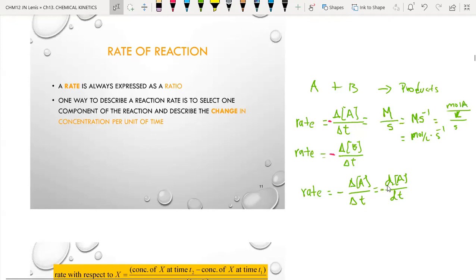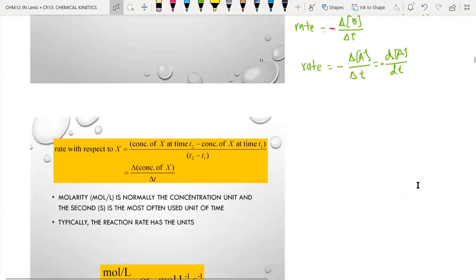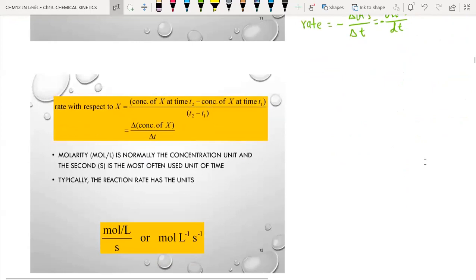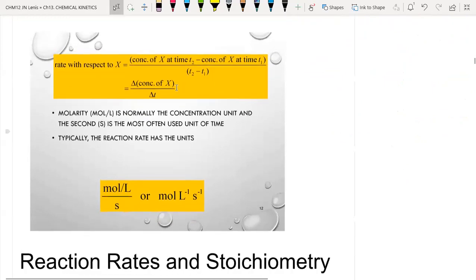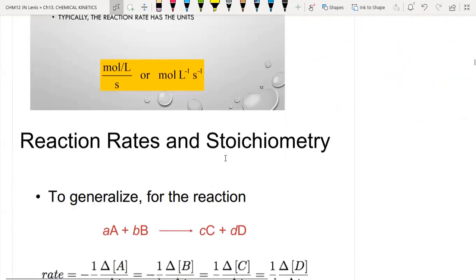So this represents more like a mathematical operation: the change of this concentration as a function of time, depending on time. And there are different rules to solve for these mathematical operations. And that's what we have here. Concentration, again, can be expressed in different ways.